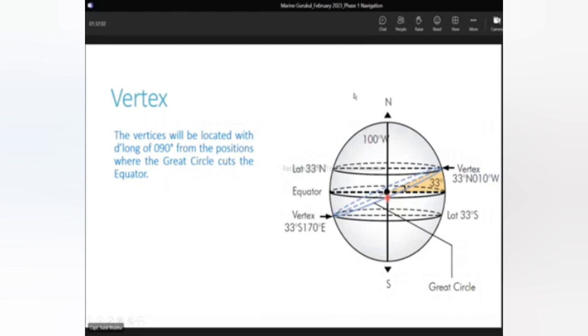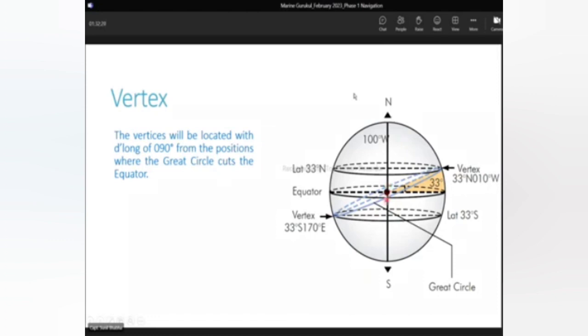After crossing the equator, the great circle track moves in this way and reaches the vertex here. This is the highest latitude where the great circle touches. After this, the latitude starts to decrease. Following the dotted line, it is going to cross the equator on the far side of the earth at this point. So we have two equator crossing points here.